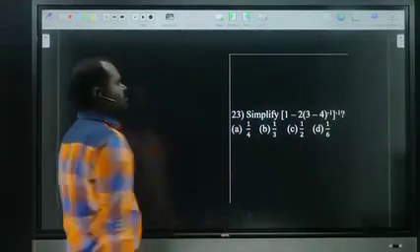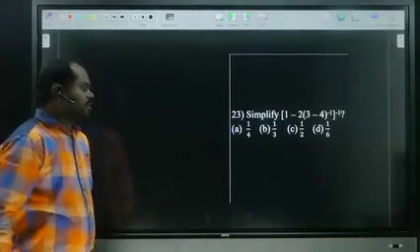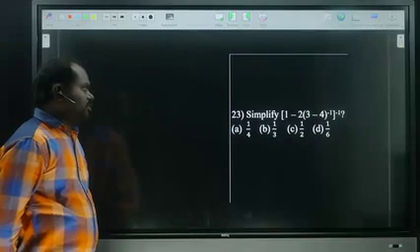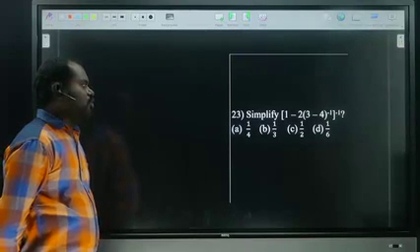Now once try this question. Try that question. Simplify 1 minus 2, 3 minus 4 whole power minus 1.